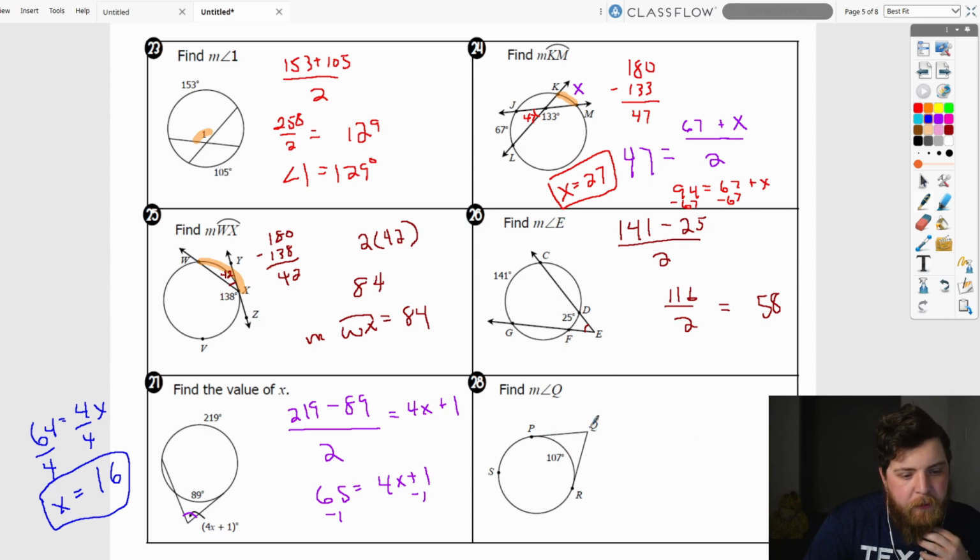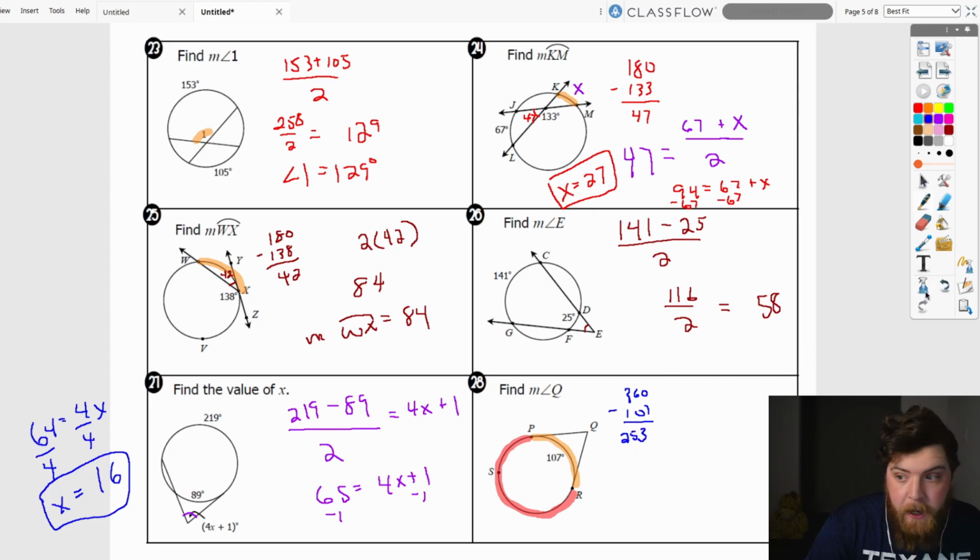Then on 28, we have two tangents, right? So it meets on the edge. We end up having to find, if this is 107, what's going to make up the rest of the circle? We know a circle is 360 degrees, so I essentially have to do 360 minus 107 to figure out this major arc length, and that gives me 253.